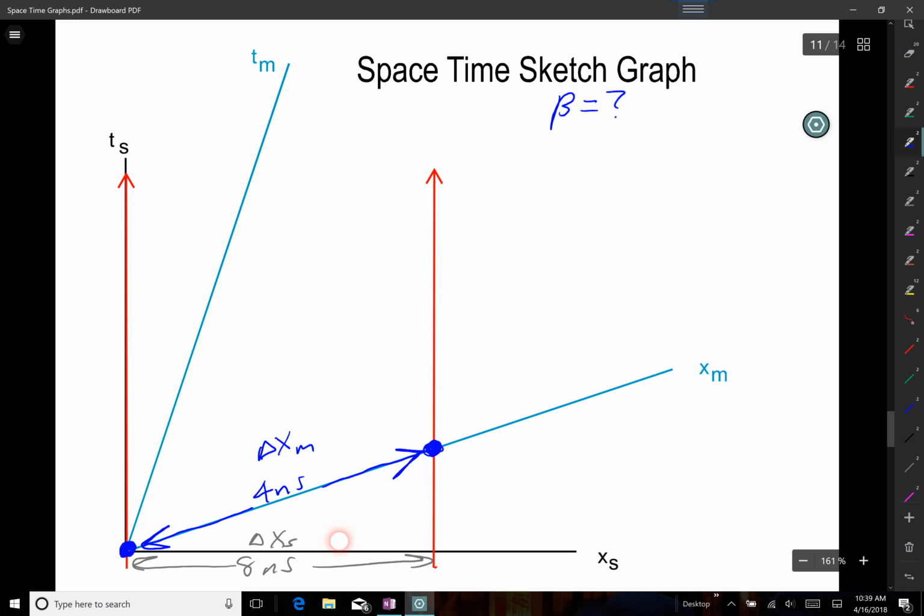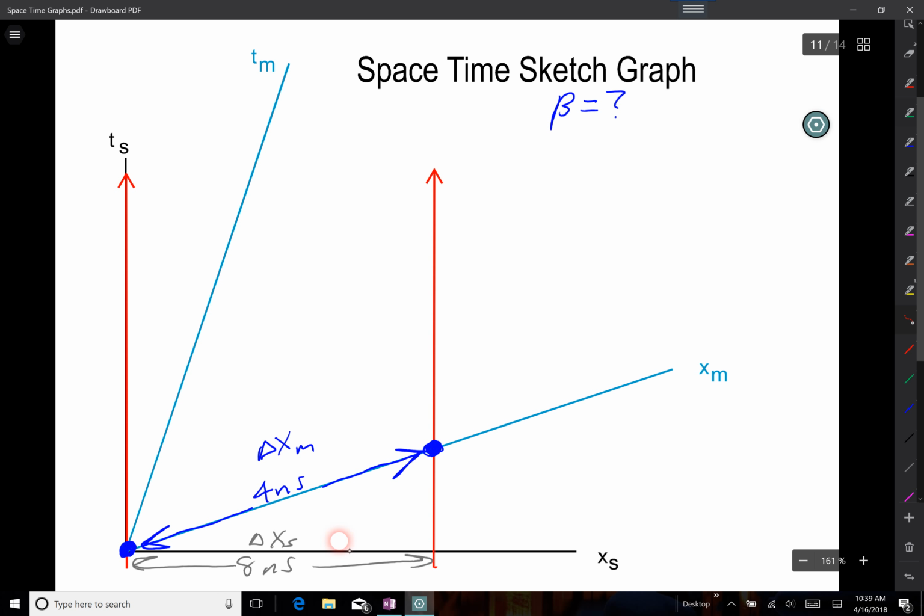And the question in this problem is, what's the beta that makes that happen? Hopefully what you can see by the diagram, and what we're looking at here are the 2 dots, these are the things I'm keying in on when I make the following statement. The position of these 2 dots, both of them on a line that's parallel to the XM axis, actually on the XM axis, though it could also be on any line parallel to the XM axis.